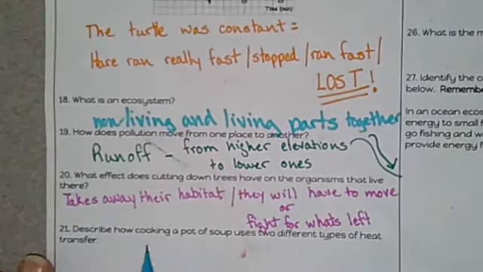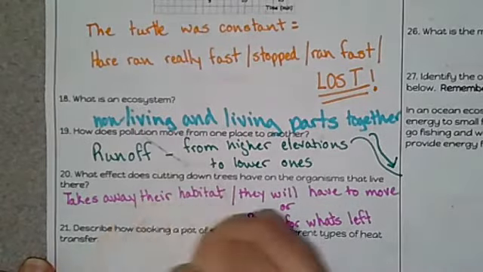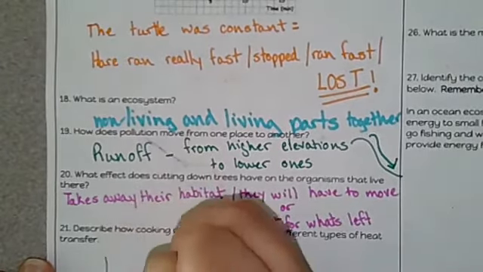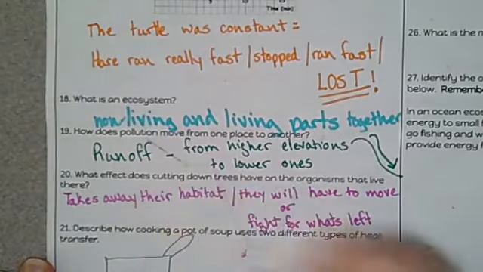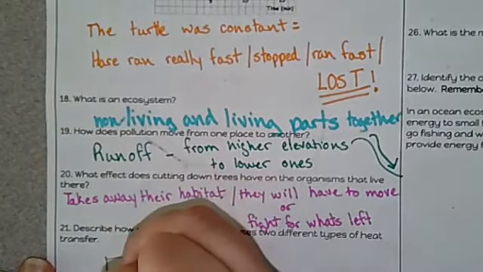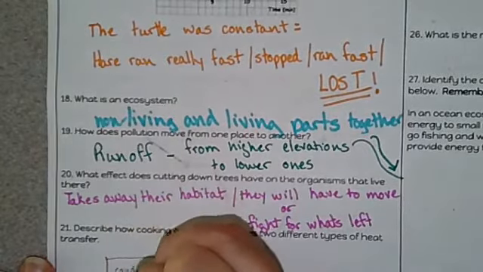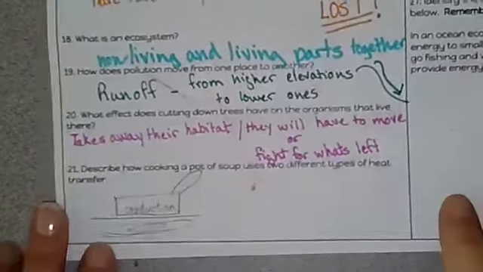All right, next one. Describe how cooking a pot of soup uses 2 different types of heat transfer. Okay, so the pot on the stove, draw the stove, there's the stove. The pot on the stove, that is conduction, right? Because it's touching it. Oh, I'm sorry.